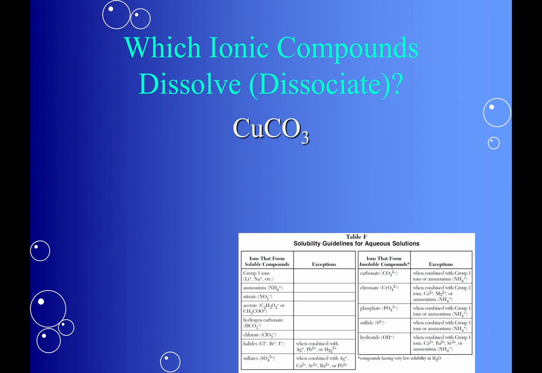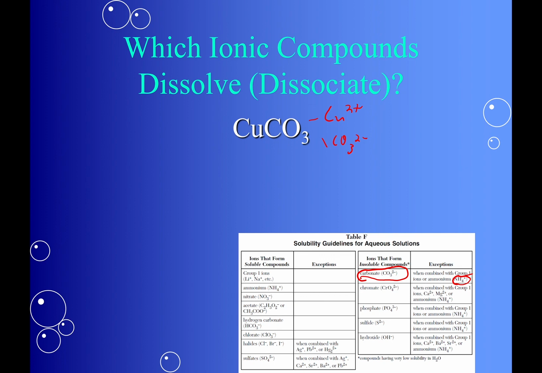Next one is copper carbonate. Copper 2 carbonate, we're left with a copper 2 plus and a carbonate 2 minus. I first see the carbonate here, and that forms an insoluble compound, but if we combine it with a group 1 or ammonium, then it would make it soluble.